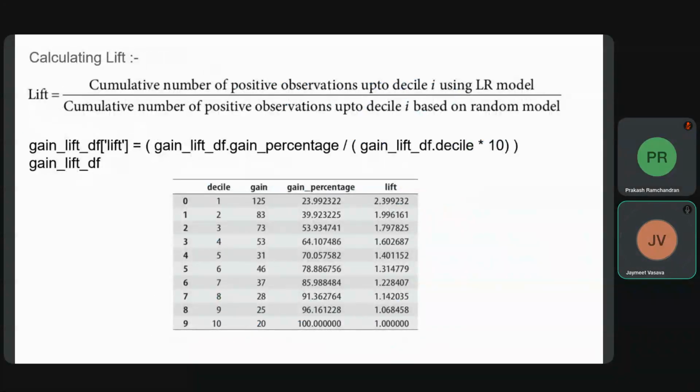Now, after calculating the gain, we'll calculate the lift. We'll be calculating the lift by the formula that we had: the cumulative number of positive observations up to decile i using the LR model, divided by the observations up to decile i based on the random model.